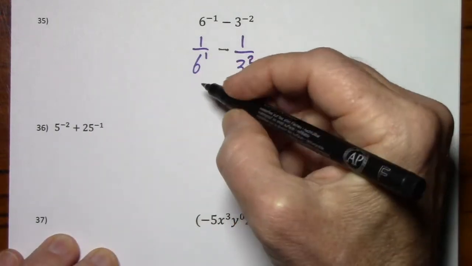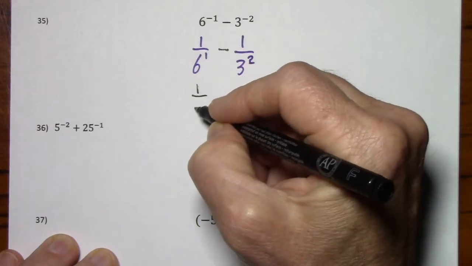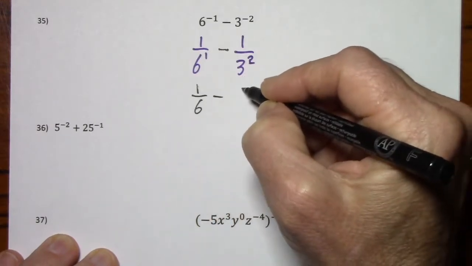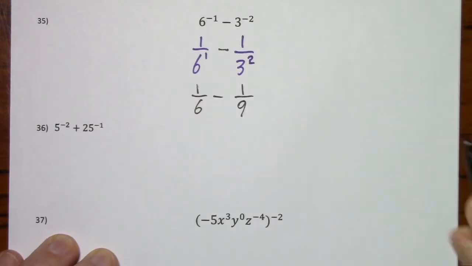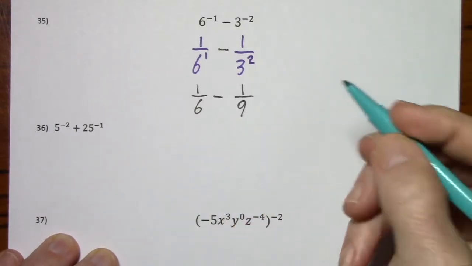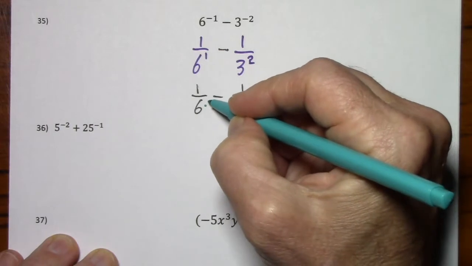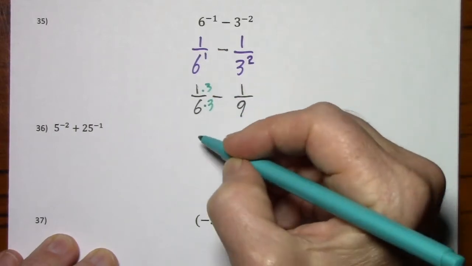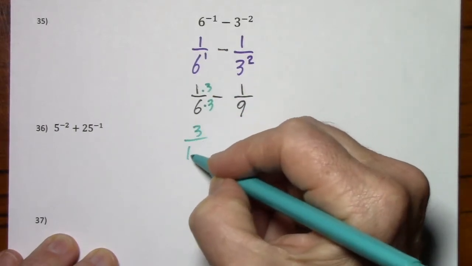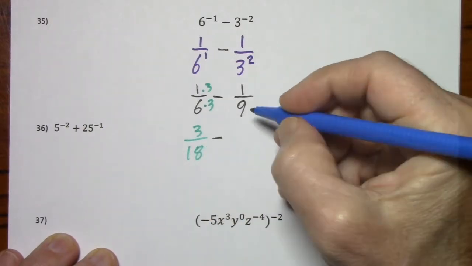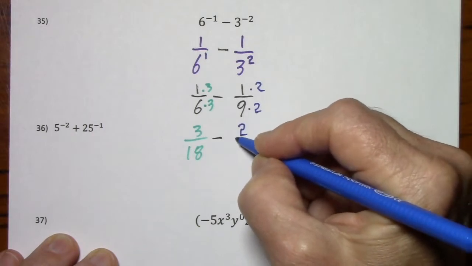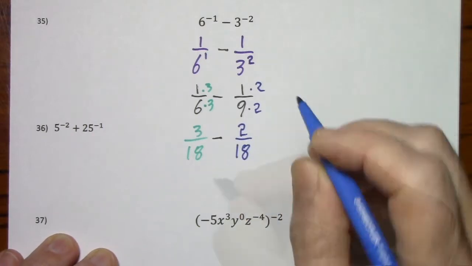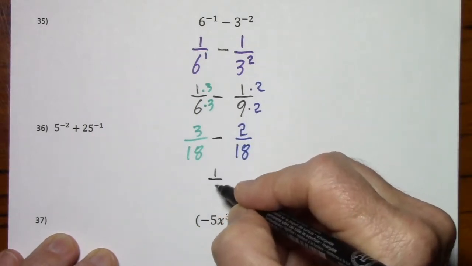So what we have here is 1/6 minus 1/9, because 3 squared is 9. Obviously, we need common denominators. And we end up with 1/18.